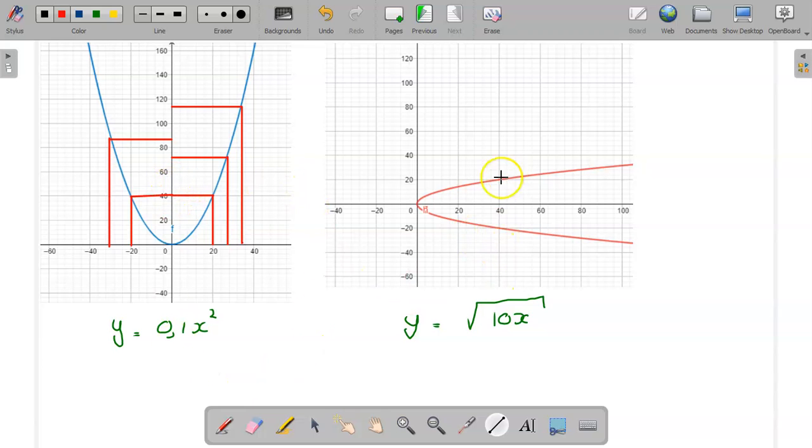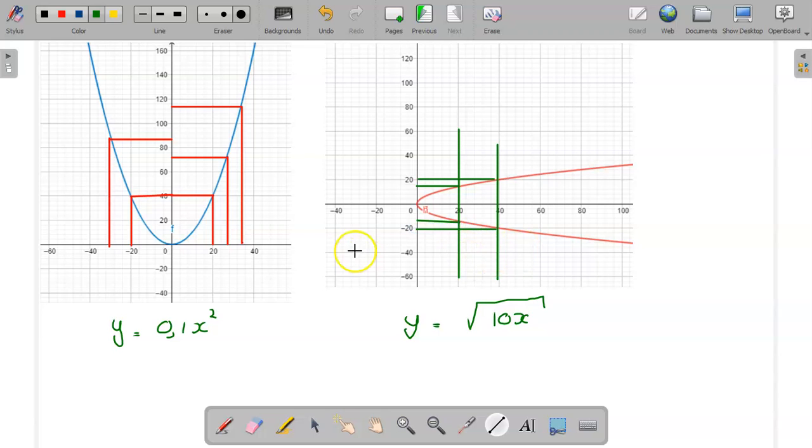Now, if I did the same thing here, the vertical line test, and let's just use a different color. So let's say I drew a vertical line here. Now you can see that the vertical line cuts that graph here and here, right? So it cuts it twice. And if I did the same thing here, you can see it still cuts it twice, here and here.